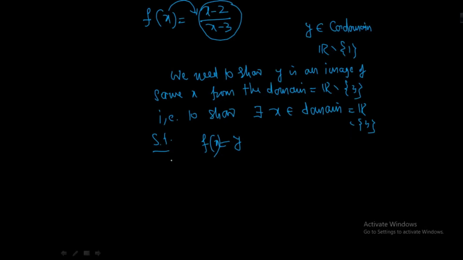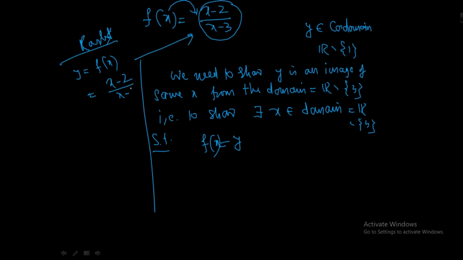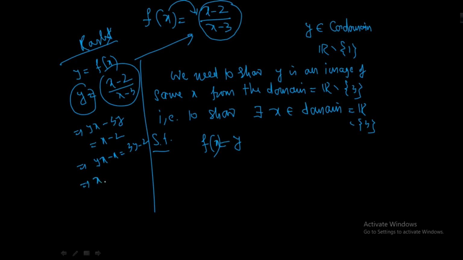এটা আমাকে শো করতে হবে। এবার এটা করার জন্য রাফে একটা ক্যালকুলেট করবি। ধরে নে y is equal to f(x) হবে, এটা রাফ ওয়ার্ক। তো y যদি f(x) হয়, f(x) মানে x minus 2 by x minus 3। এখান থেকে এটাকে ক্রস মাল্টিপ্লাই করবি। তোর কাজ হচ্ছে x is equal to কিছু একটা আনা। তাহলে yx minus 3y equal to x minus 2, so x কে কমন নিয়ে নে, x(y minus 1) equal to 3y minus 2.